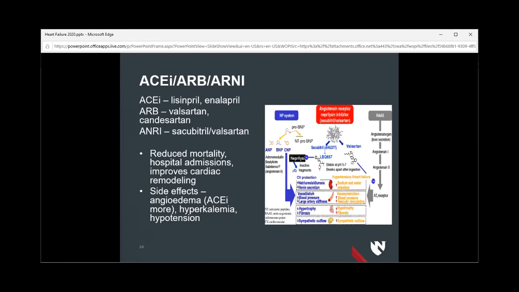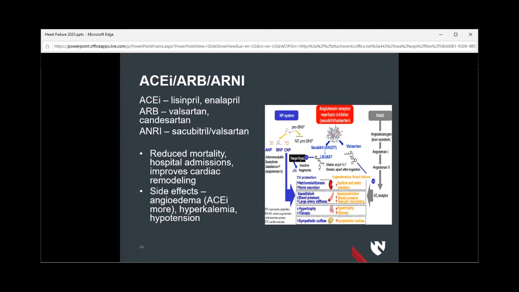The difference in the ARNI is that it also works along the neprilysin system, works with vasoactive peptides, all of which then are cardioprotective and aid in a little bit of diuresis compared to the other two. All the studies have shown that they reduce mortality, reduce hospital admissions, and they improve cardiac remodeling. The side effects are angioedema, hypotension, and hyperkalemia.